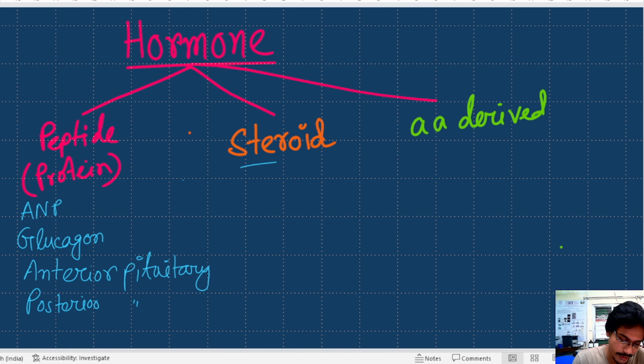Or in steroids, that will be cortisol, aldosterone, estrogen, progesterone, and some of the placental hormones are also there. So write it down.